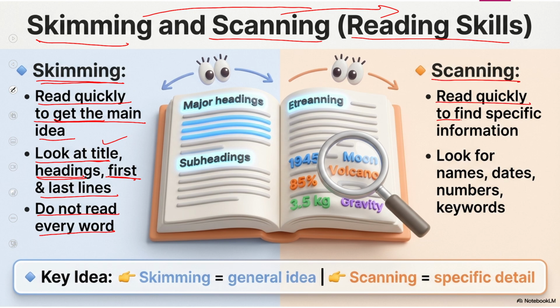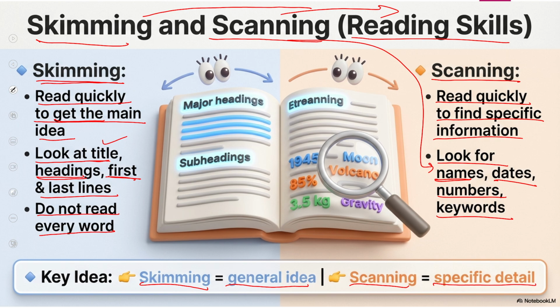Read quickly to find specific information. Specific means particular. Particular means the main information. Look for names. Now look at this. How do we do scanning? Scanning: read the names, dates, numbers, keywords. So in skimming, we get the general idea, and scanning means specific details.